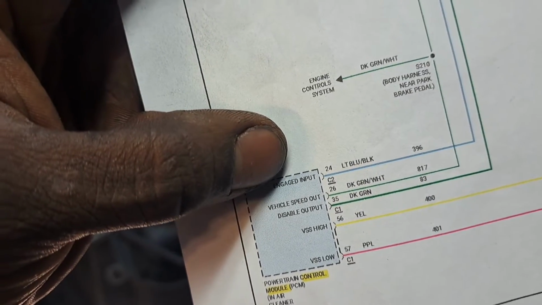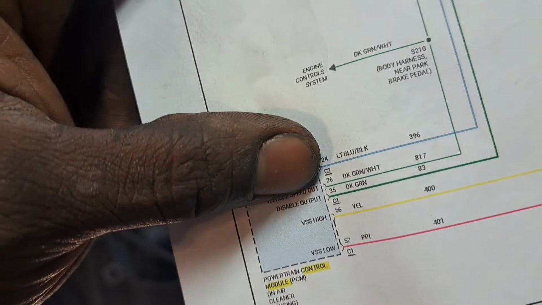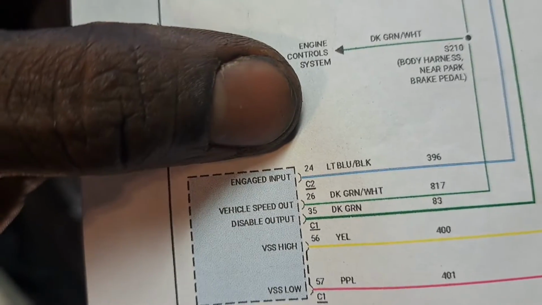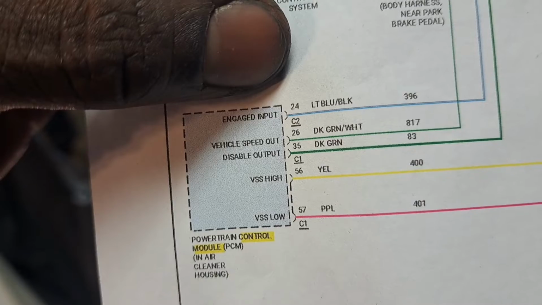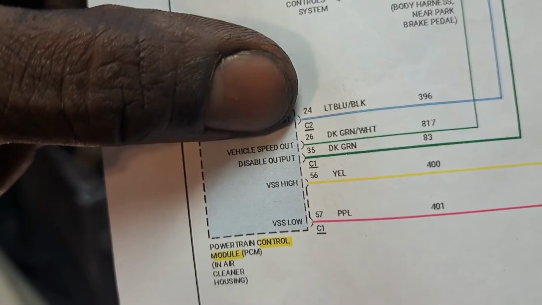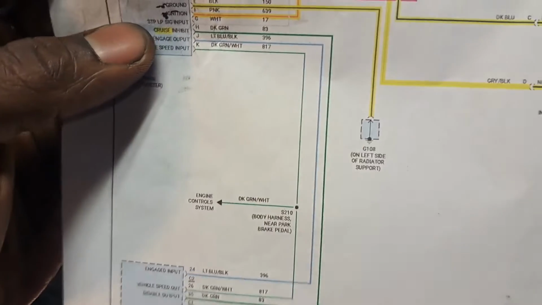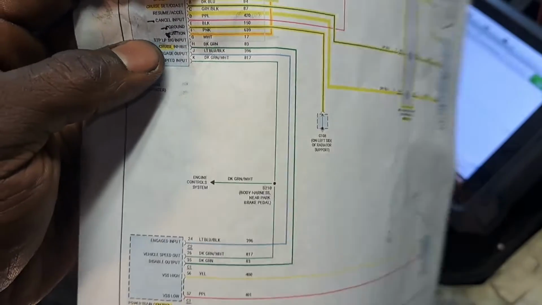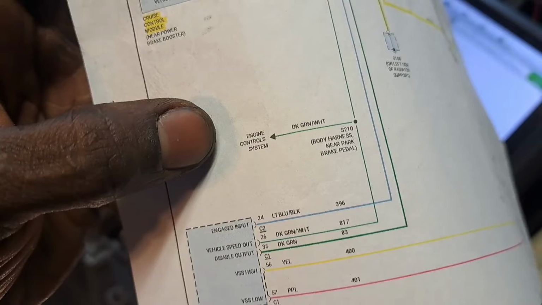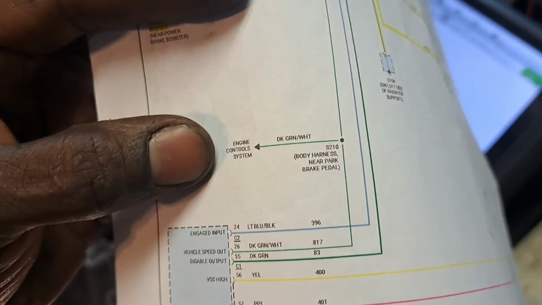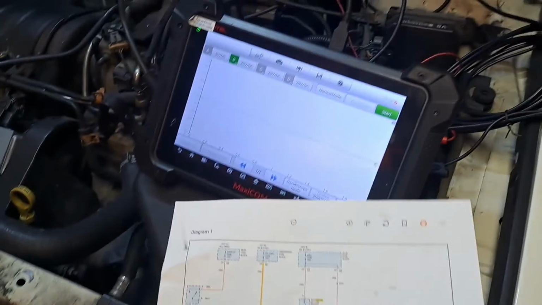Engage input, let me see, here you go, right here, 26. Okay, vehicle speed output, and then input. Without looking at any other wiring diagram, I'm not sure if this is integrated with just one signal wire for the vehicle speed sensor.